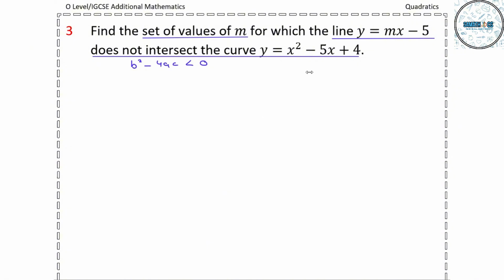So first of all, we will solve these two equations simultaneously. We will equate both the y values. X squared minus 5x plus 4 is equal to mx minus 5. X squared minus 5x minus mx plus 4, and minus 5 will become plus 9, which is equal to 0.